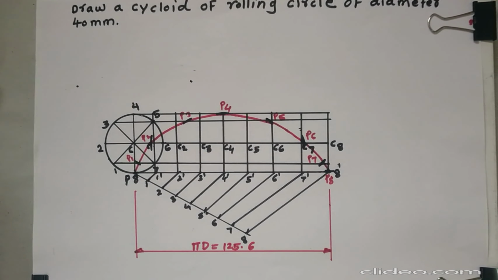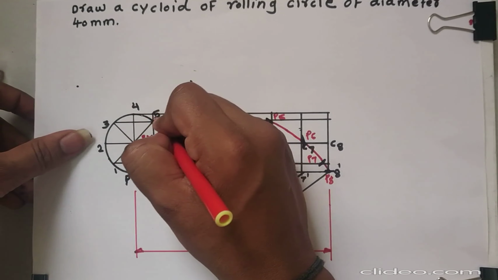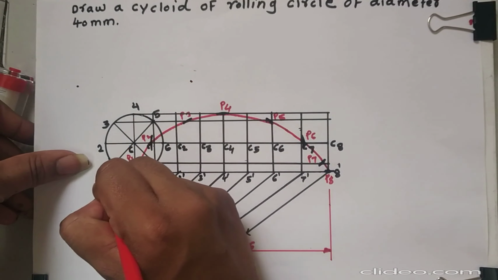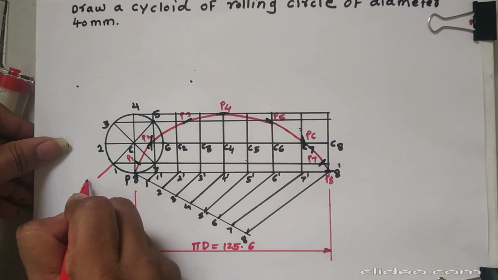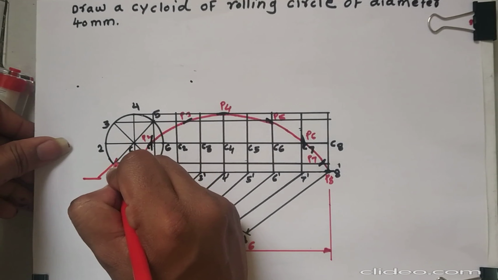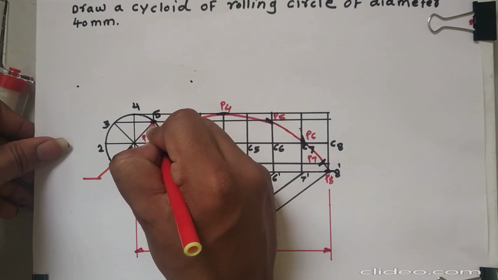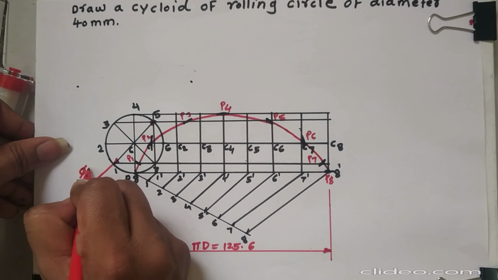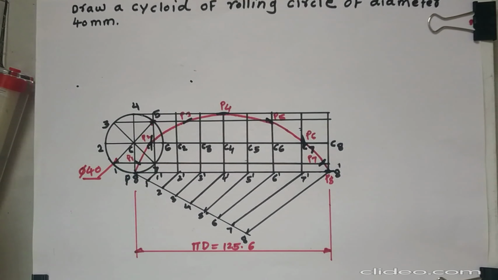Next we need to mention the diameter. So how much is the diameter? 40. So this is how we need to construct a cycloid.